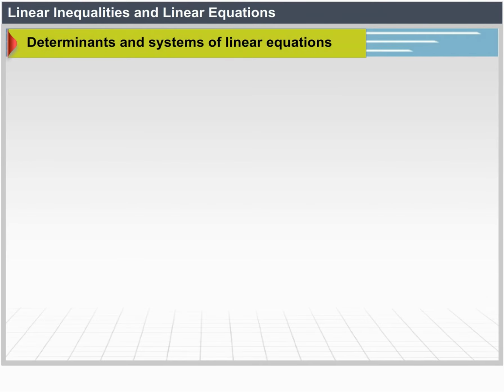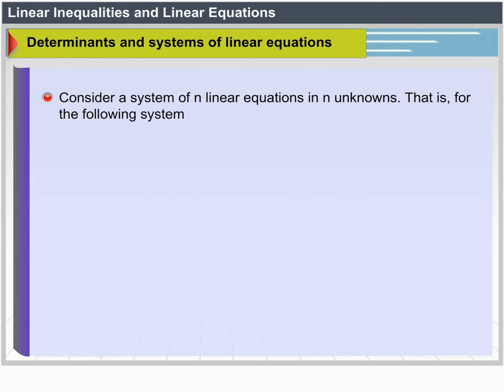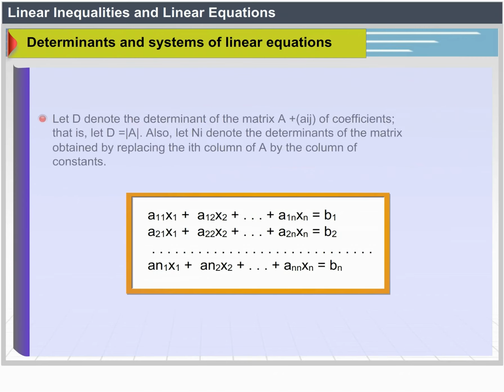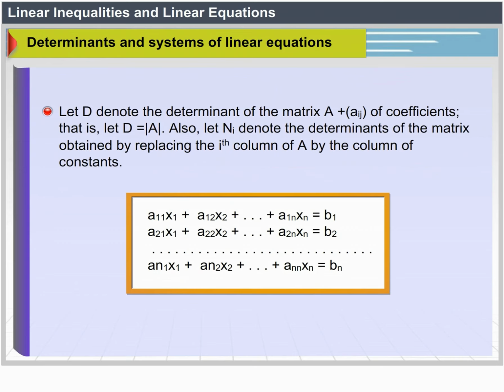Determinants and systems of linear equations. Consider a system of n linear equations in n unknowns. That is, the following system, which is shown here. Let D denote the determinant of the matrix A = [aij] of coefficients, that is, let D equal the modulus of A. Also, let Ni denote the determinant of the matrix obtained by replacing the ith column of A by the column of constants.